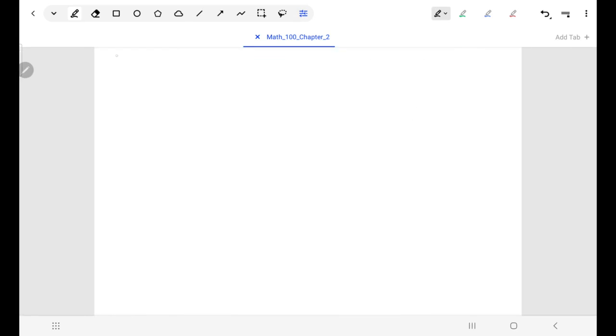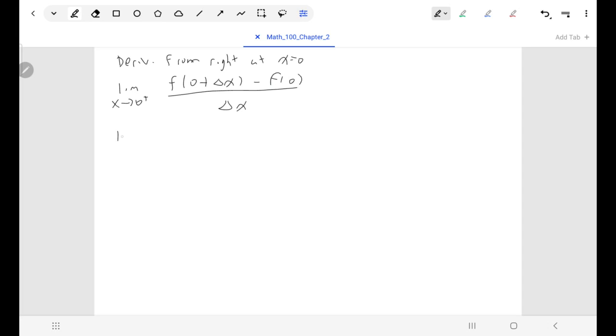Let's do our derivative from the right. So that's the limit as delta x approaches 0 from the right of f of 0 plus delta x minus f of 0 over delta x. And for this one, since we're talking about delta x approaching 0 from the right, then we're talking about 0 plus delta x being some sort of positive number.